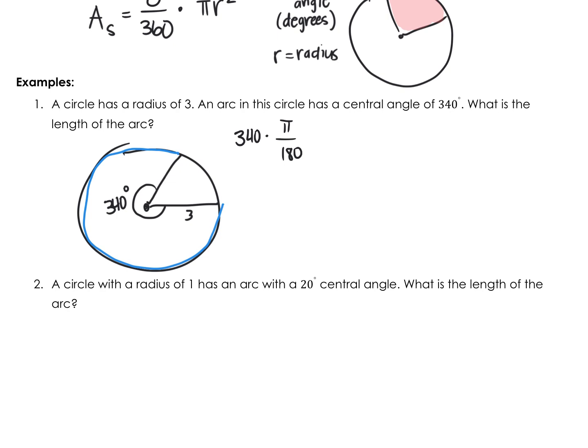We're going to have 17 pi over 9. So for my arc length, I have 3 times 17 pi over 9. Now 3 and 9 I can simplify, so it's going to be 17 pi over 3.